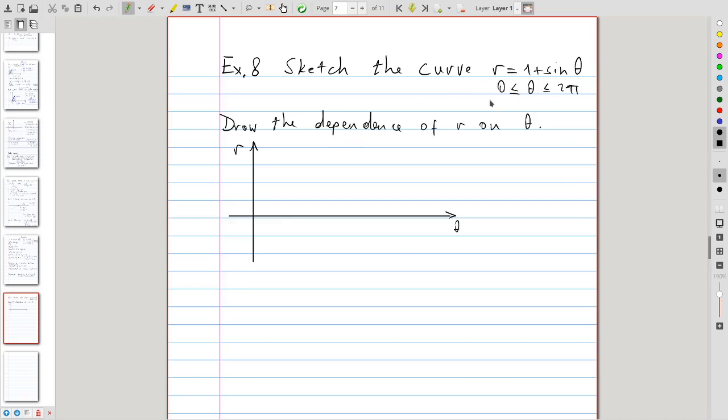So let's start with the graph of sine theta. If this were 1, this corresponds to the r value of 1. This is the minus 1.